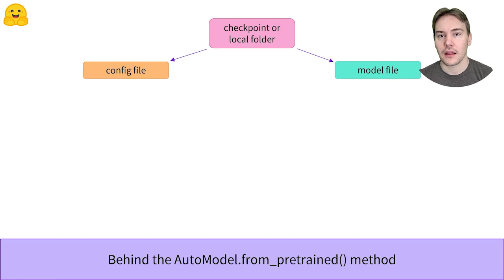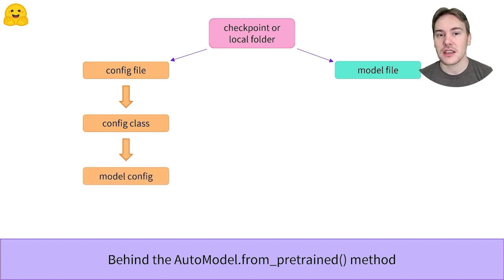To instantiate the pre-trained model, the AutoModel API will first open the configuration file to look at the configuration class that should be used. The configuration class depends on the type of the model, BERT, GPT-2, or BART, for instance. Once it has a proper configuration class, it can instantiate that configuration, which is a blueprint to know how to create the model.